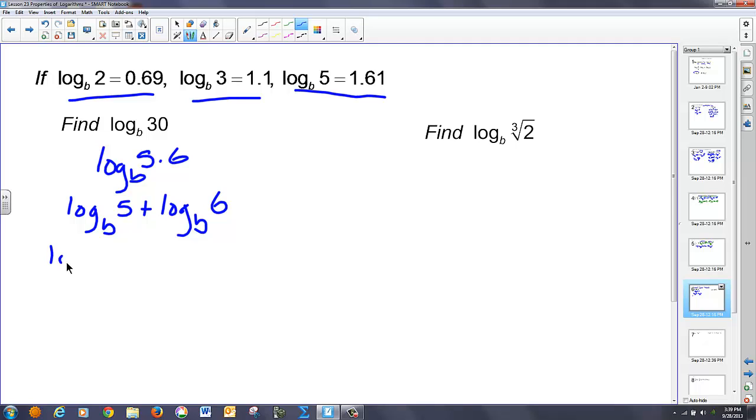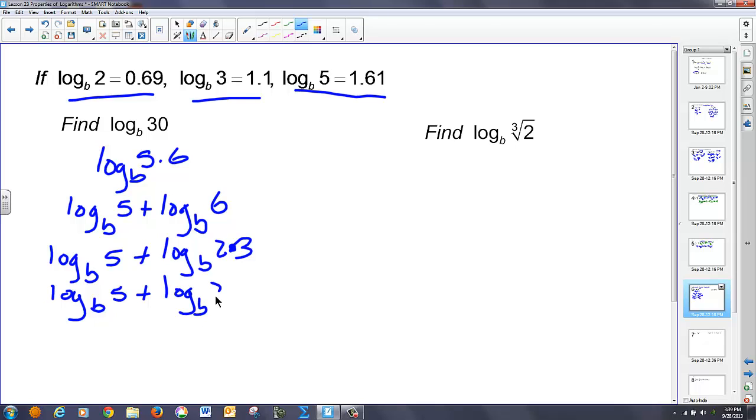So this is the log base b of 5 plus the log base b of 2 times 3. And I'll split this multiplication into the sum of two separate logarithms. So this is the log base b of 5 plus log base b of 2 plus log base b of 3.